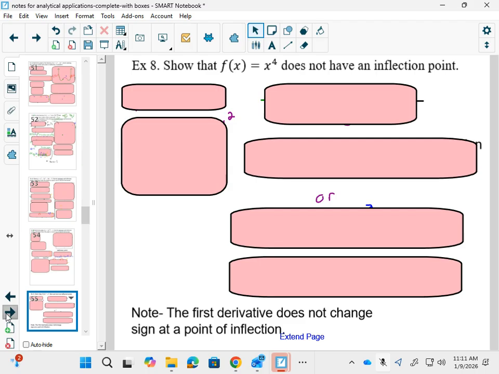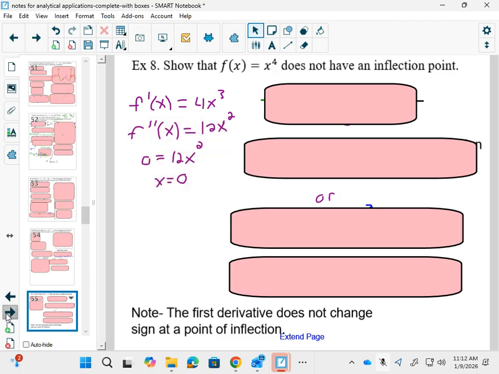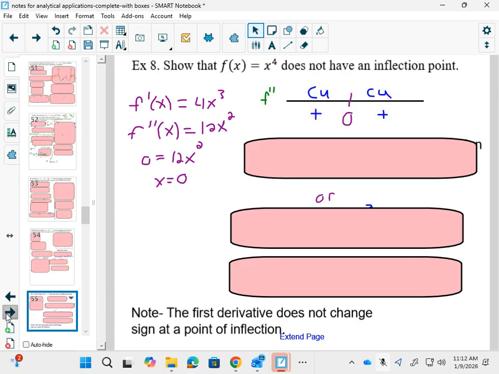But on this one, if I find my first derivative, and then I find my second derivative, because of the nature of this question, it's not asking me to graph, I don't need to make my number line for my first derivative. I just need to look at my number line for my second derivative.